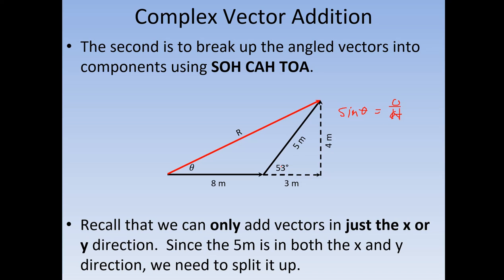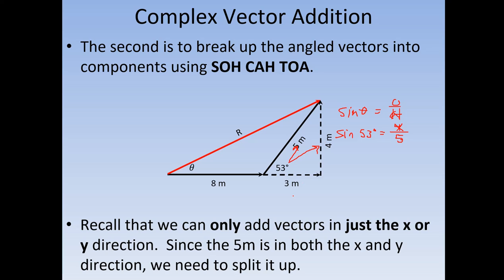This angle is the angle that we're referring to. So the opposite is the 4 and the hypotenuse is the 5. So this becomes sine 53 is 4 over 5. Oh, sorry. We're looking for this, x over 5. Solve this for x and we get 4.